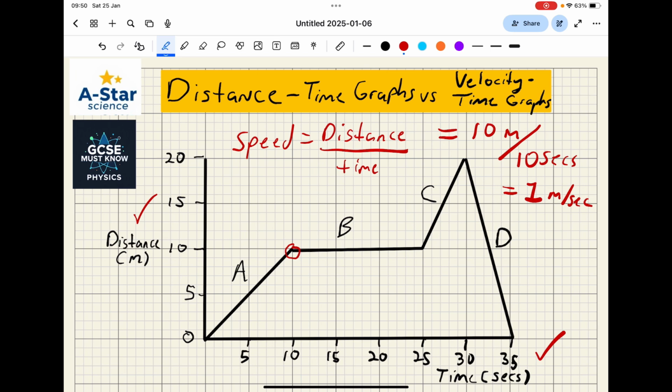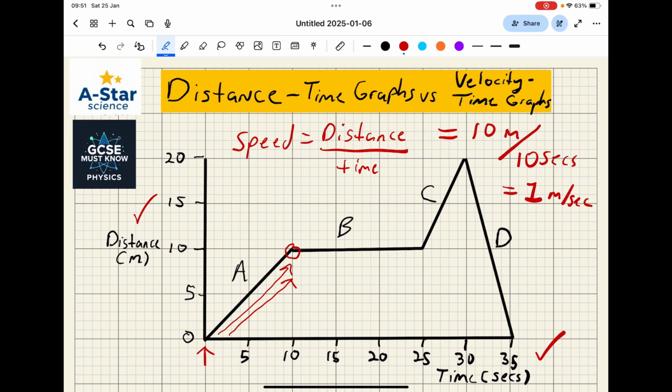We can also see some patterns. First, as the line goes up, it's gone from 0 to now 10 meters. That means the object is now moving. Not accelerating, it's moving, because actually it's going at a constant speed.